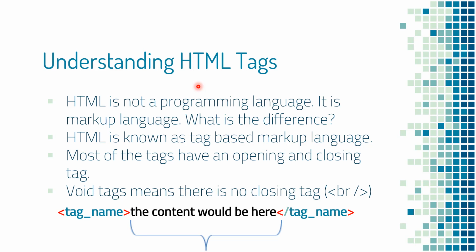Okay, so as I said, HTML is known as a tag-based markup language. What does a tag mean? To express any functionality you wanted to include in your page, there's a tag specified for such an objective. So for example, if you wanted to add an image to your web page, there's a tag that helps you insert an image in your web pages.